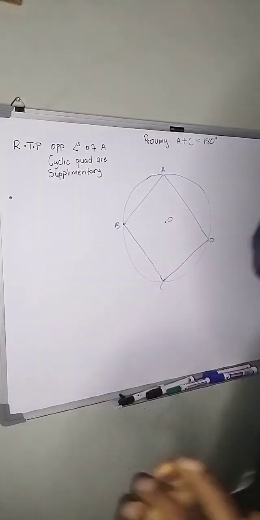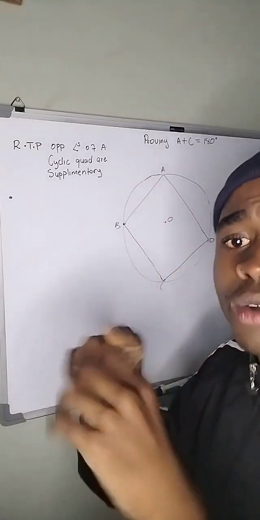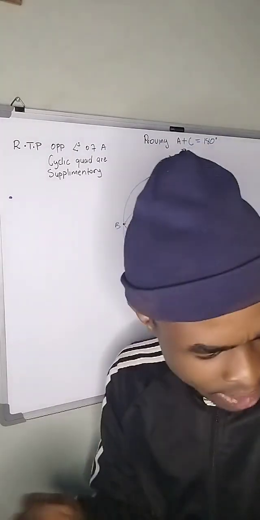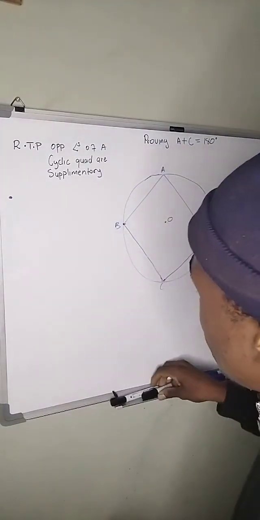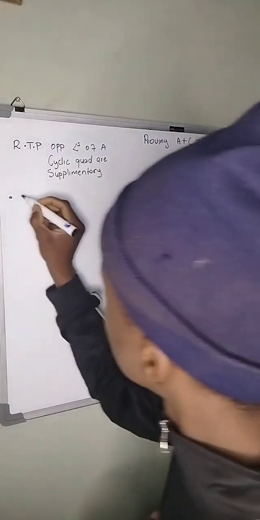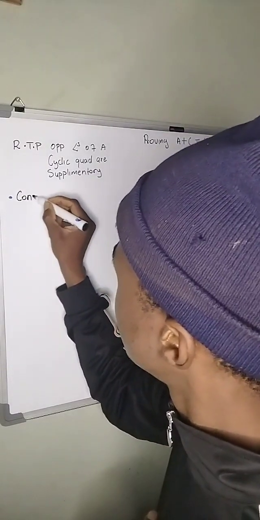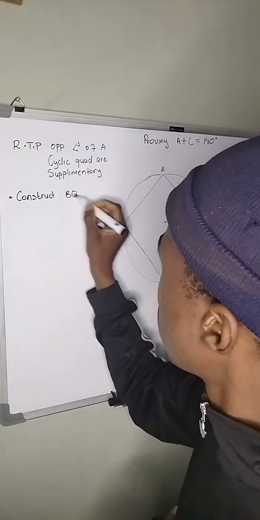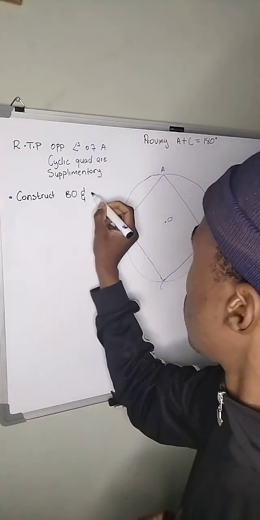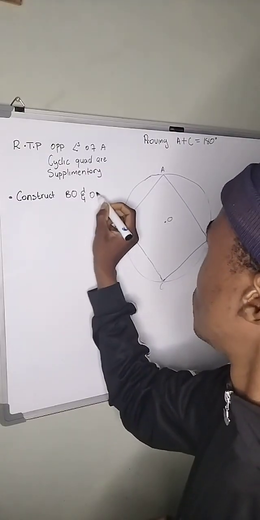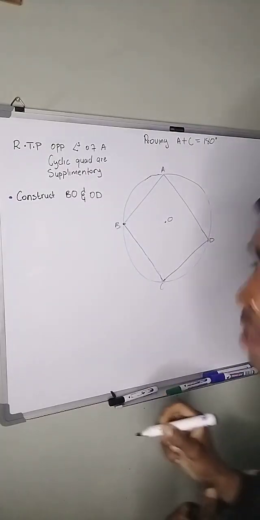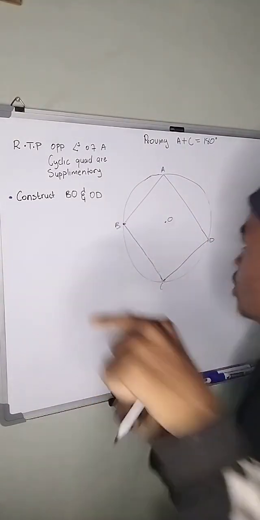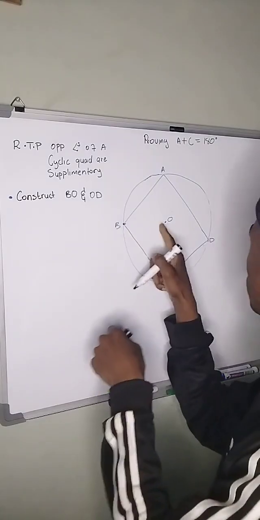So now let's write: construct BO and OD.